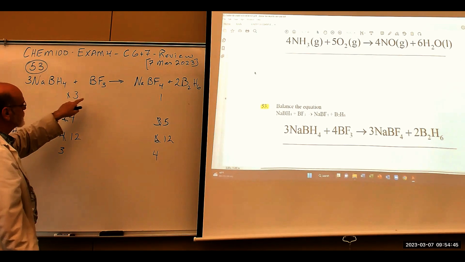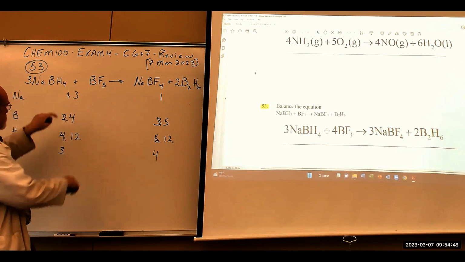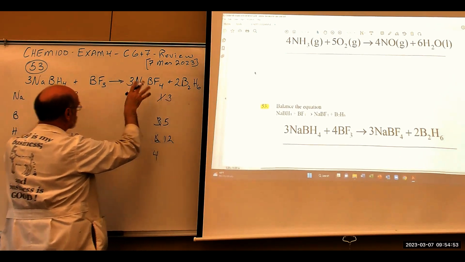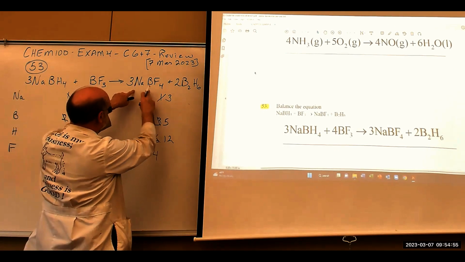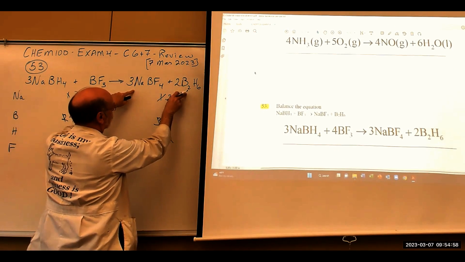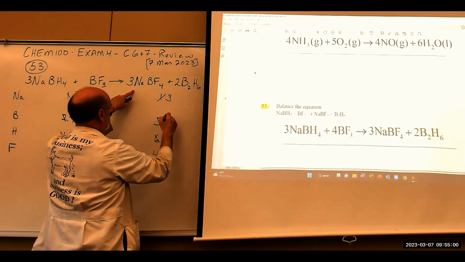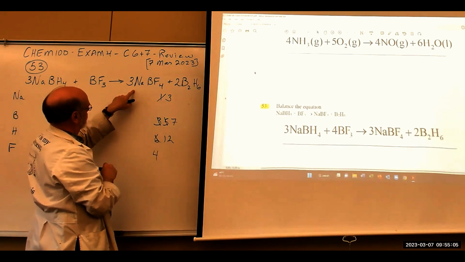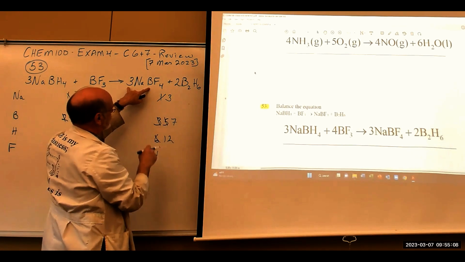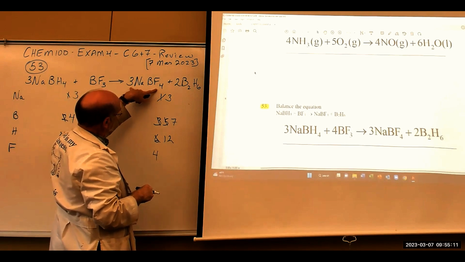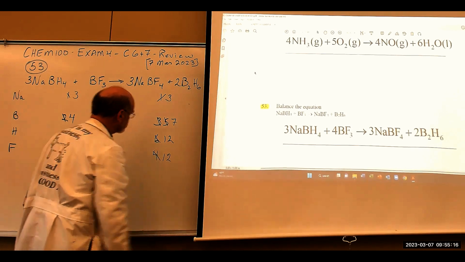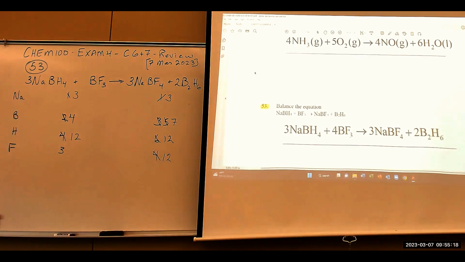We need 3 sodiums right here. So if we do that, what does that do to our balance? 3 sodiums, 3 borons plus 4 borons is 7 borons, correct? Three plus 4 is 7, yeah. And we've got 3 times 4 is 12 fluorines. Okay, now look what we've got on this side.